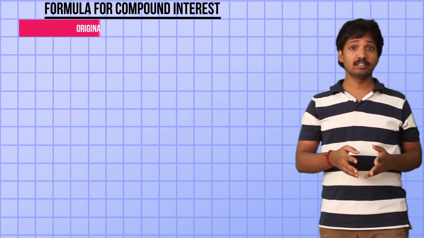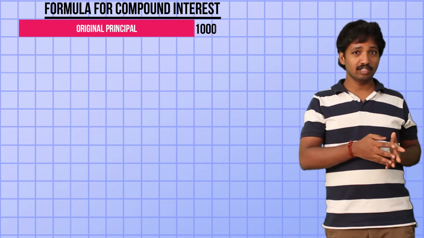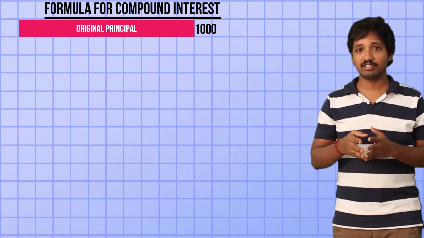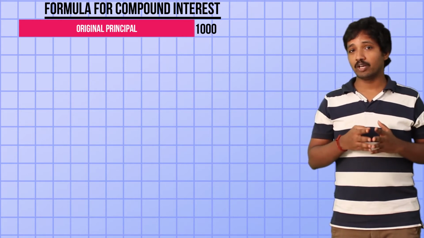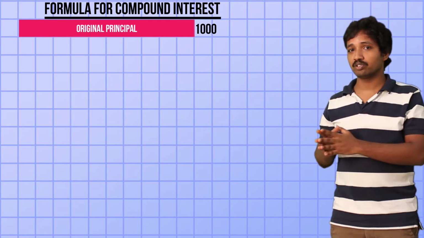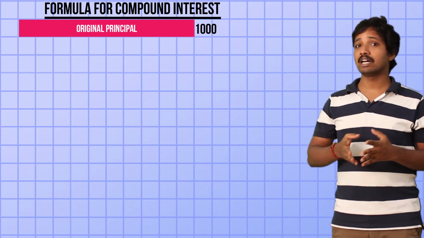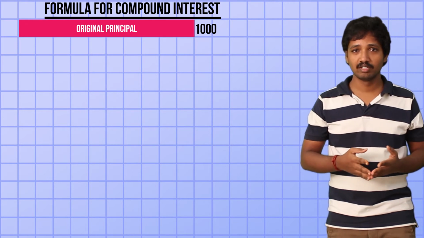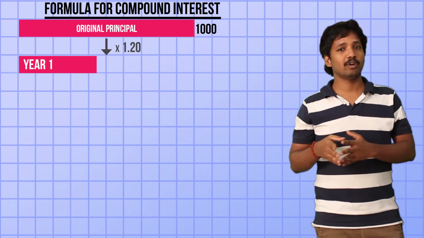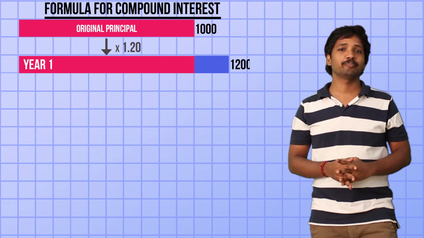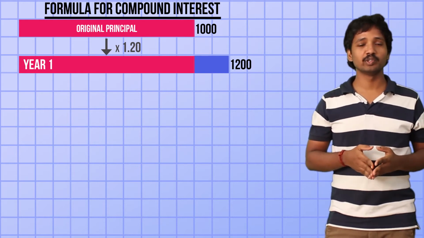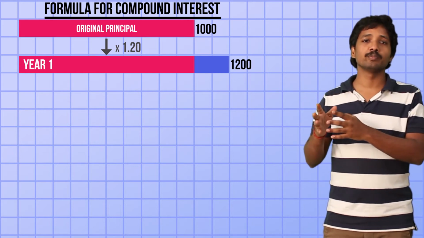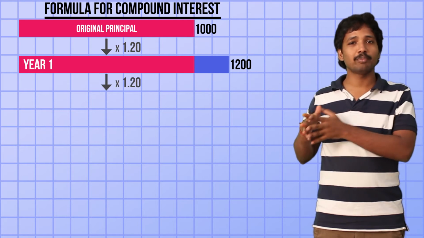So in the first year, what we did was 1000 into 20% interest, which is 1000 rupees plus 200, equal to 1200. In another way, we can write this as 1000 into 1.2 is equal to 1200. For the next year, we take this 1200 rupees into 1.2 again.